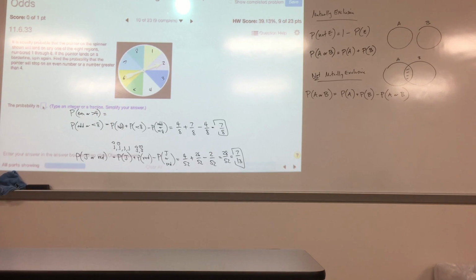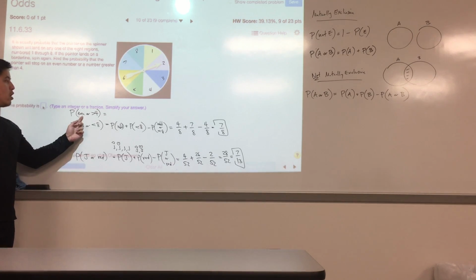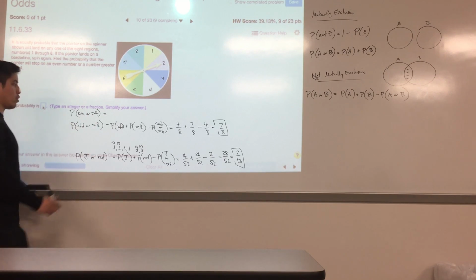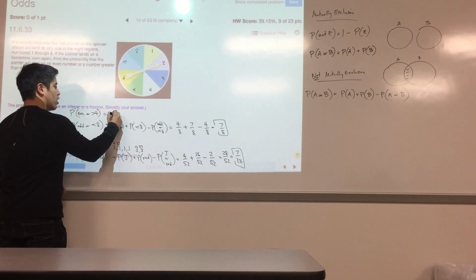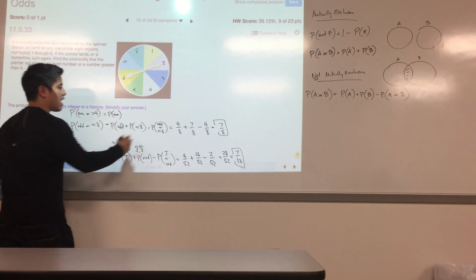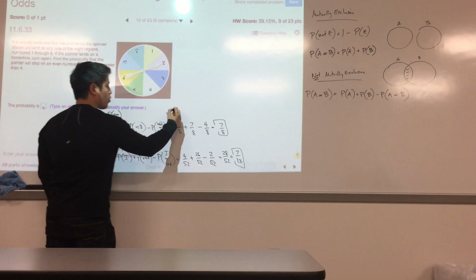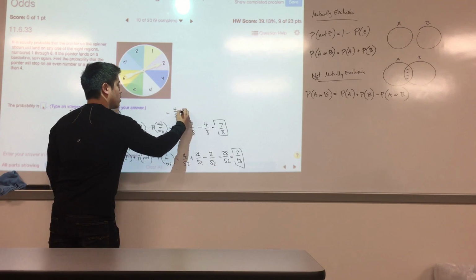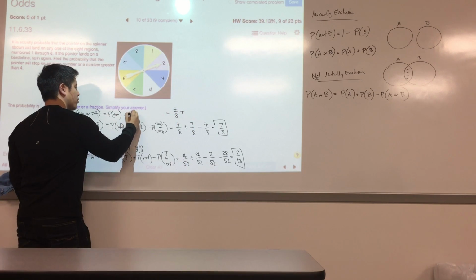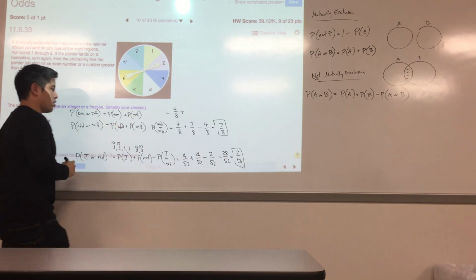Okay, so in this problem, we're looking for the probability of spinning an even number or a number greater than 4. In order to do that, we first need to know the probability of getting an even number. What's that, everybody? 4, right? 2, 4, 6, and 8. 4 out of 8.